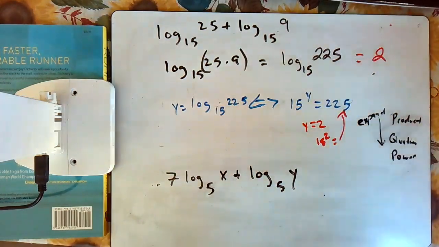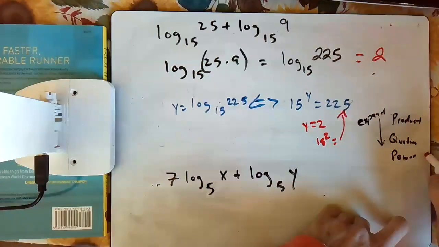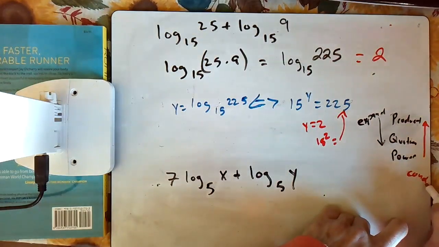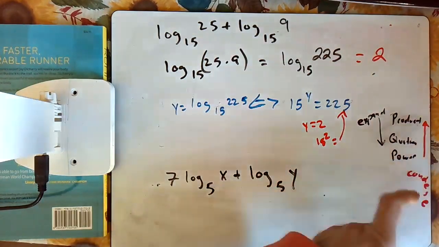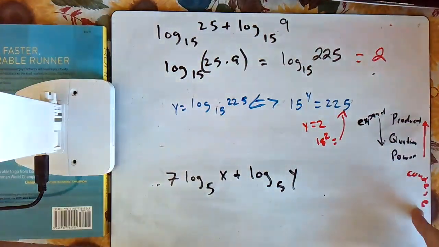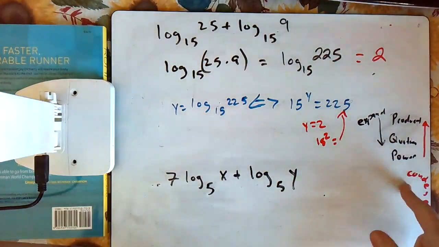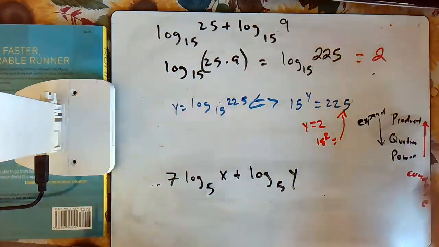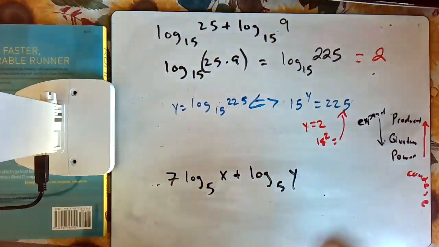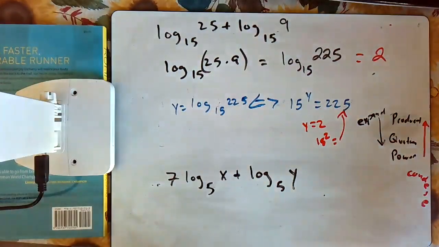But when we condense, we actually go this way. So you go in the reverse order, because we're just going backwards. That's condense. I wish the whiteboard was bigger, but when we condense, we do power first, if possible, then quotient, then product. So reverse order of expanding.